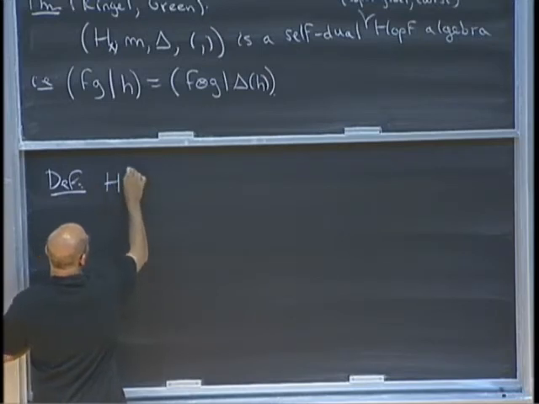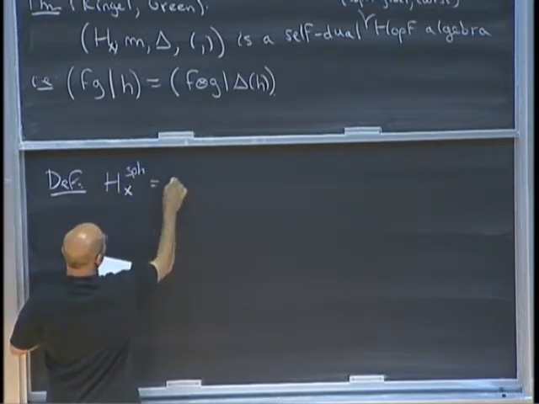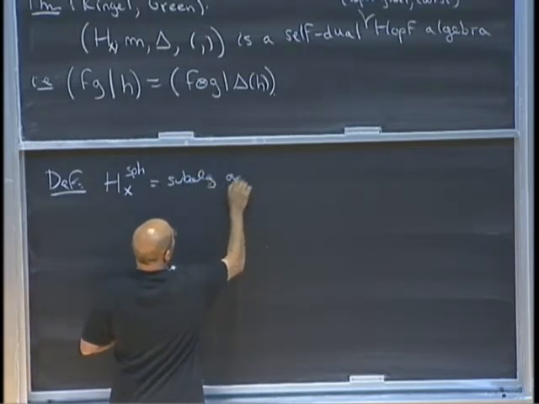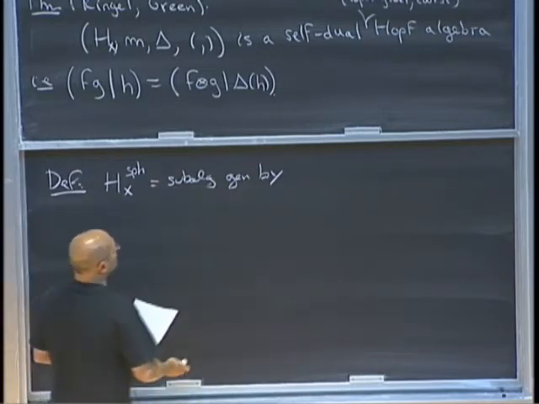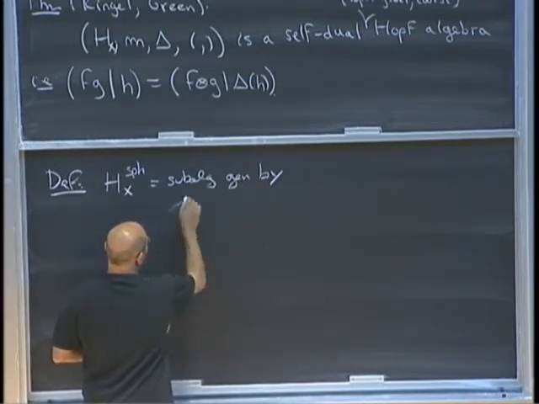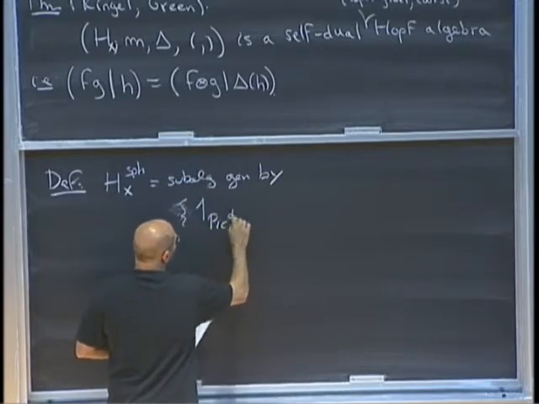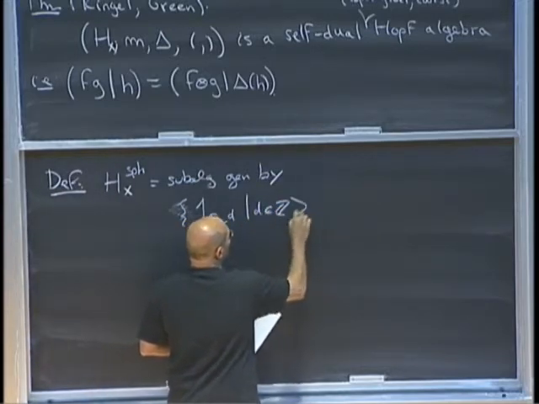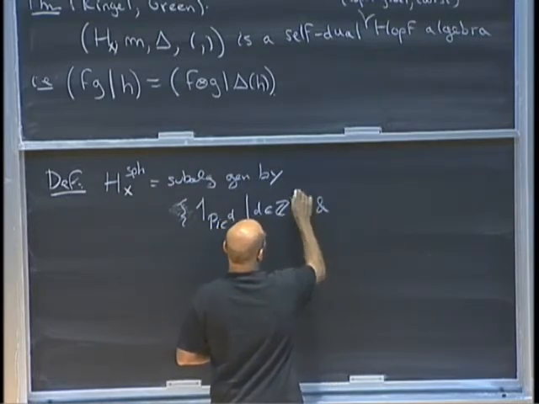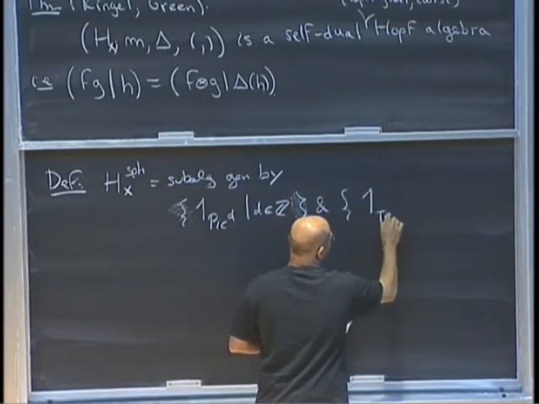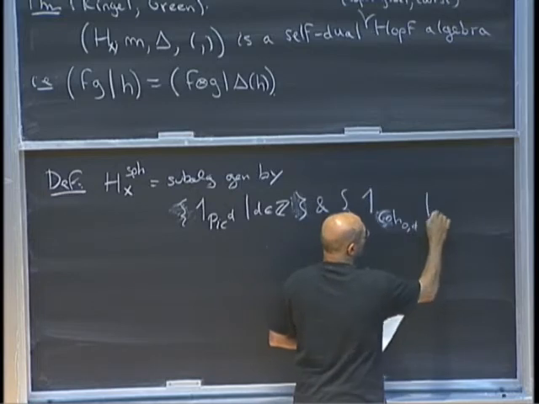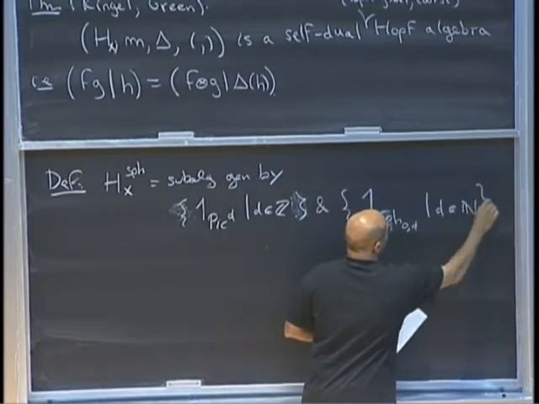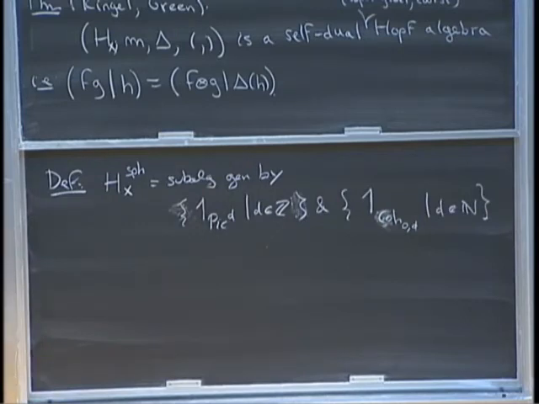So this spherical Hall algebra is defined to be the subalgebra generated by some very simple functions, namely the set of all characteristic functions of line bundles in Pic D, where D is in Z, and the set of all characteristic functions of coherent sheaves of rank 0 and degree D, when D is now positive. Okay, so this generates a certain subalgebra, and you have the following proposition.